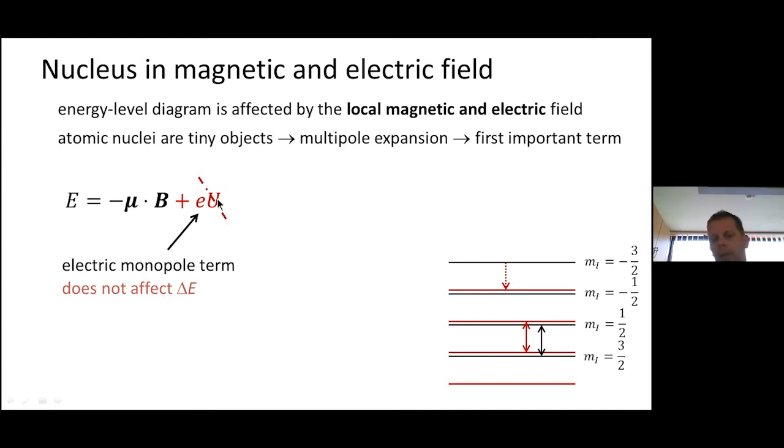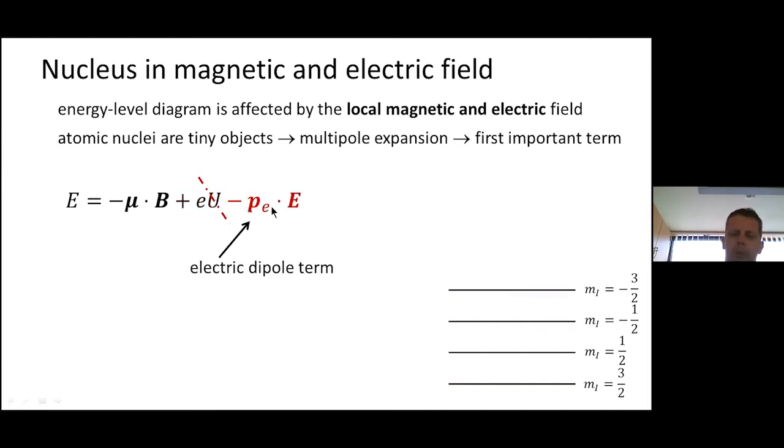So we have to go to another term. This is the dipole term. But the dipole term, well, of course, the form of the dipole term is the same as the form that we encountered in case of magnetic field. So electric dipole moment dot product with electric field at the position of the nucleus, of course. But this term is actually always equal to 0 for two reasons.